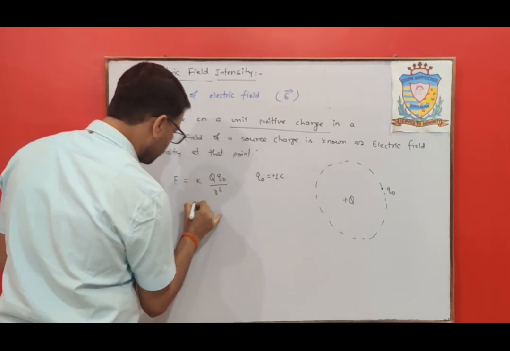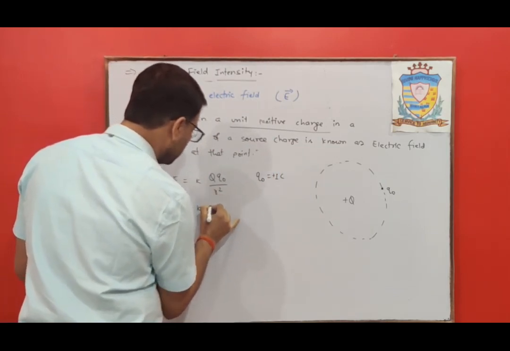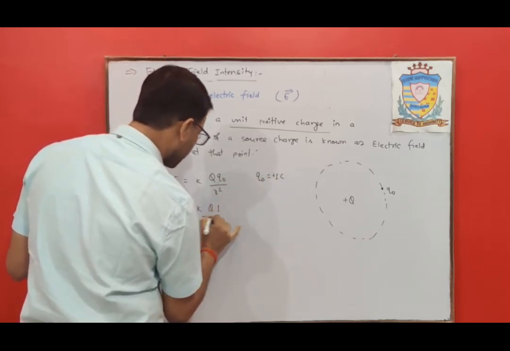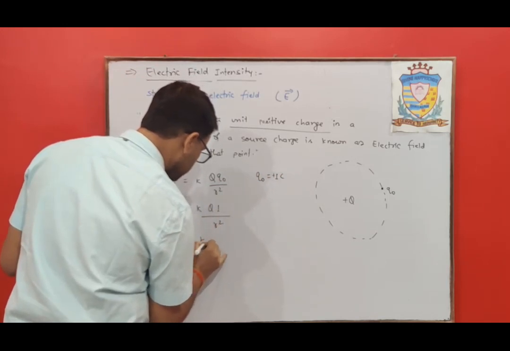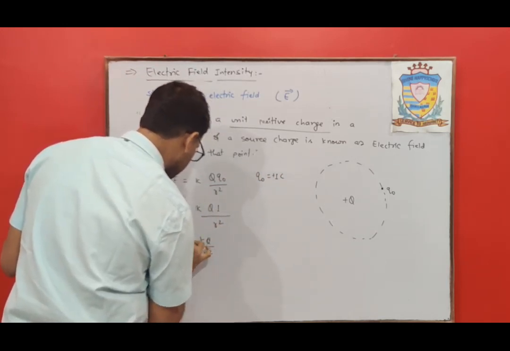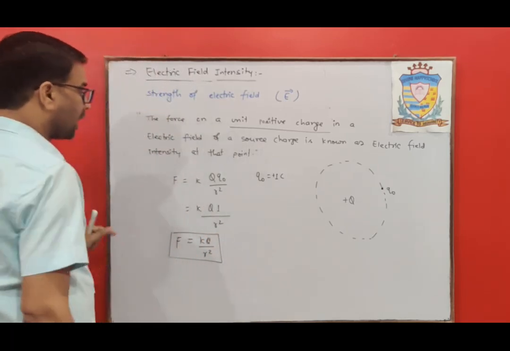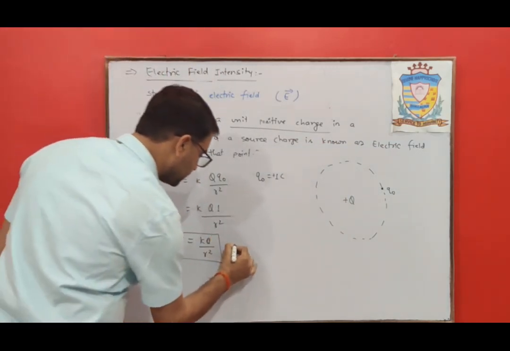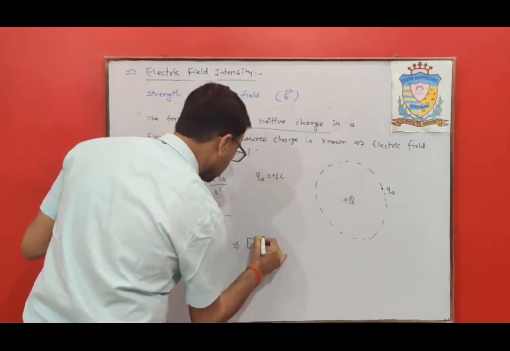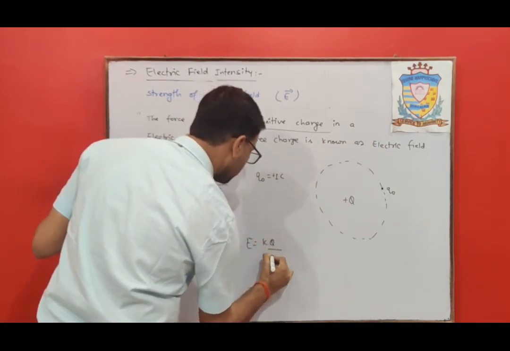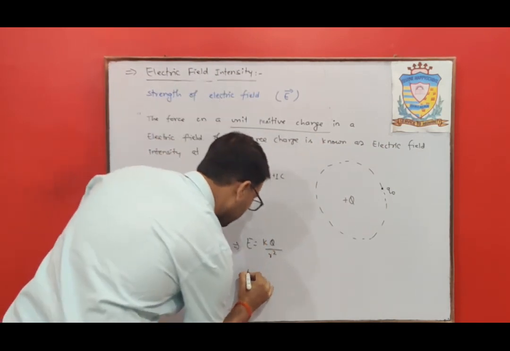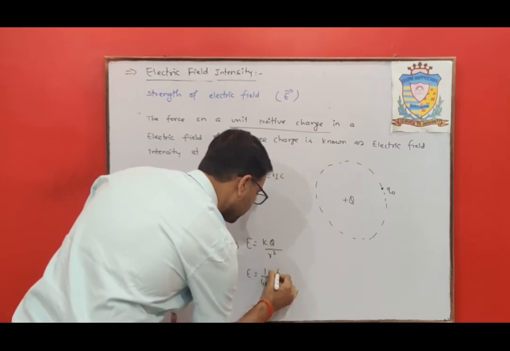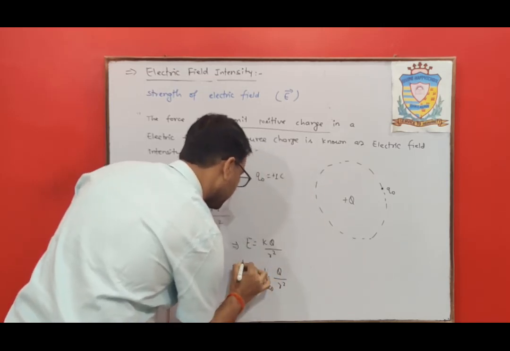So we put K Q and Q naught as 1 coulomb, that means 1 upon R square. So F is equal to KQ upon R square, and this force is known as electric field intensity. That means E is equal to KQ upon R square, and E can be written as 1 upon 4 pi epsilon naught times Q by R square.